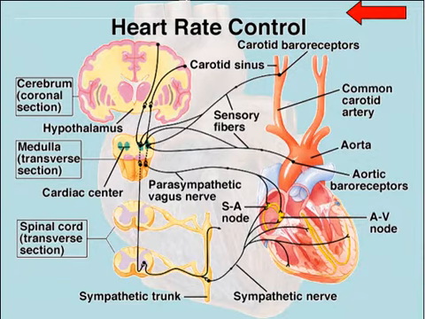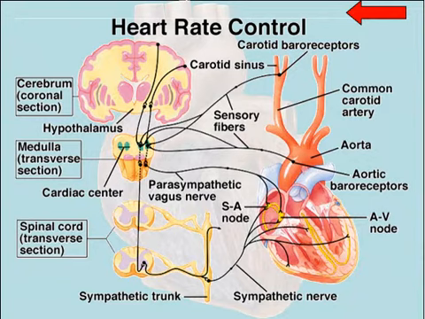Pressure's getting too high. On the other hand, if blood pressure is dropping, these baroreceptors send less impulses to the medulla, and what's the medulla going to say? Speed it up. We need more pressure, right? Constrict the arterioles, increase the heart rate, increase the stroke volume, right? Let's bring that mean arterial pressure back up. So we have these baroreceptors.